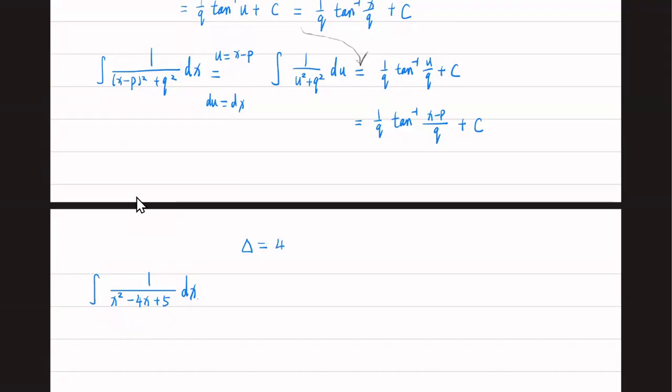So it will be negative 4 squared minus 4 times 5, 16 minus 20. Oh, it's negative. That's why we cannot factorize. So it's irreducible. If it's irreducible, what do we do? We want to convert this to a complete square. It's something squared plus something squared. Okay, finish this.